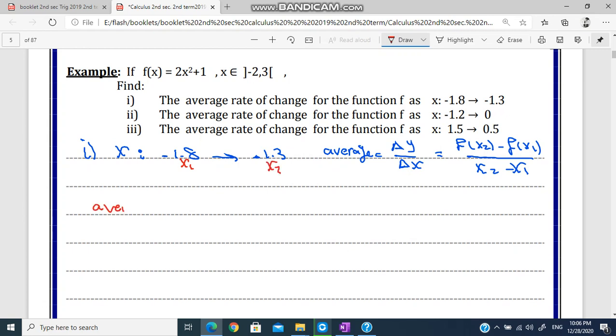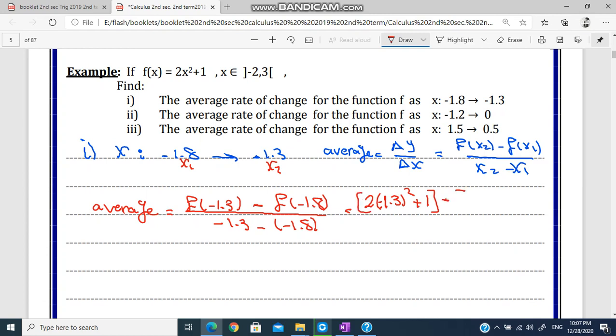So the average equals f of negative 1.3 minus f of negative 1.8 over negative 1.3 minus negative 1.8. f of negative 1.3, substitution about x by negative 1.3, so 2 multiply negative 1.3 power 2 plus 1 and minus 2 multiply negative 1.8 power 2 plus 1 all over negative 1.3 plus 1.8.